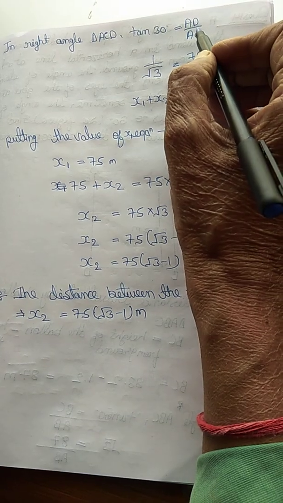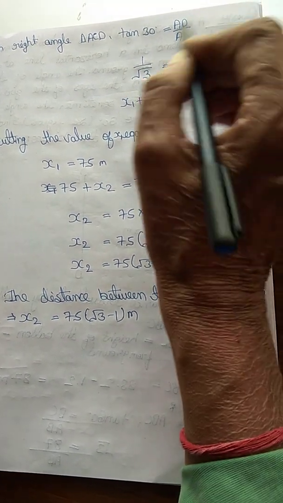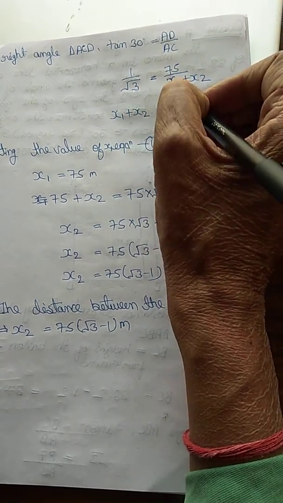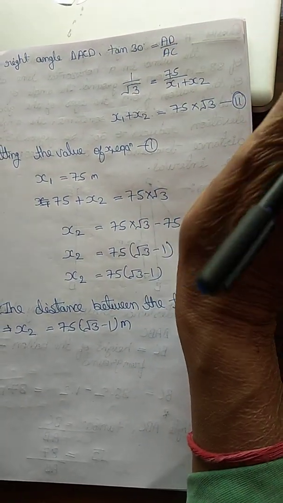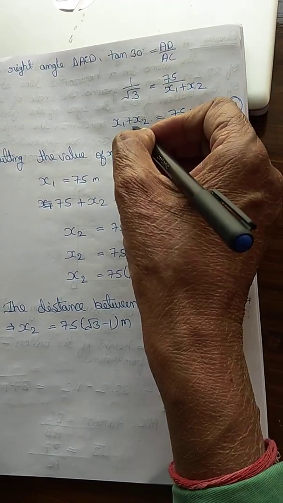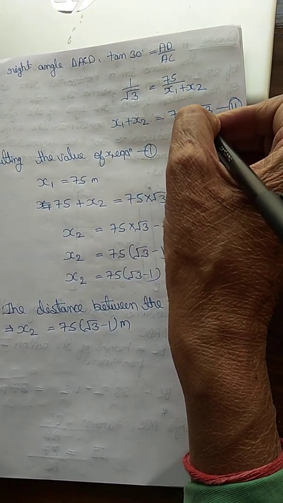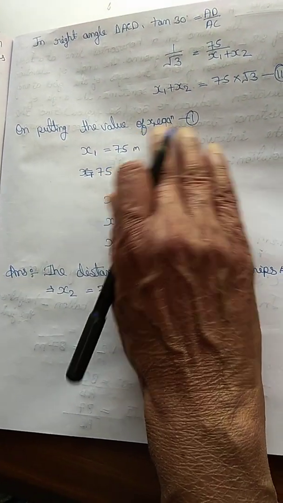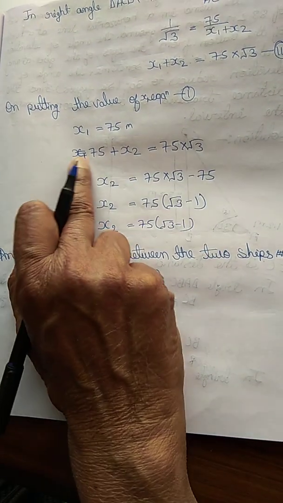Now in the second right angle triangle ACD, tan 30 is AD upon AC. Tan 30 is 1 upon root 3, equal to 75 upon x1 plus x2. On cross multiplication you get x1 plus x2 is equal to 75 root 3. Now we put the value of x1 from equation 1, which is 75.